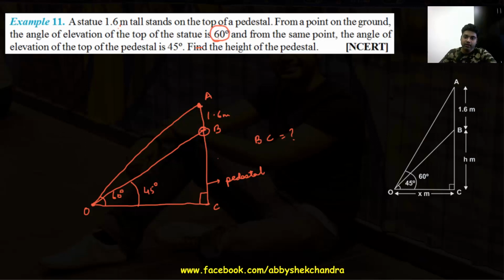Now again, in this question, do you see that this is the common side of two right angle triangles? So OC is the common side of two right angle triangles, AOC and BOC. So we are going to find the values of OC from both these triangles, and then we are going to equate them.